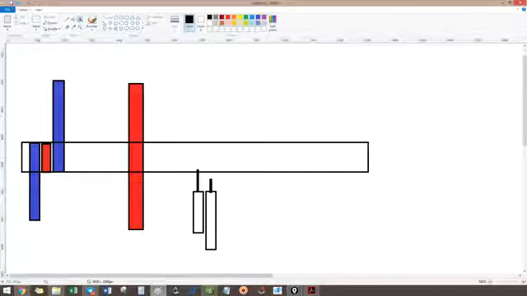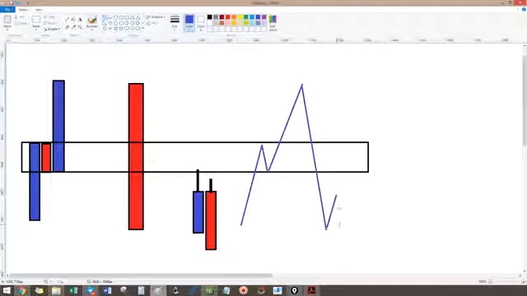You will enter a trade like this. So in a line chart, it will look something like this, like this, like this. When you change to candlestick, you have one shadow touching like that. So this is what you see on the chart. Your stop loss is actually above the zone.